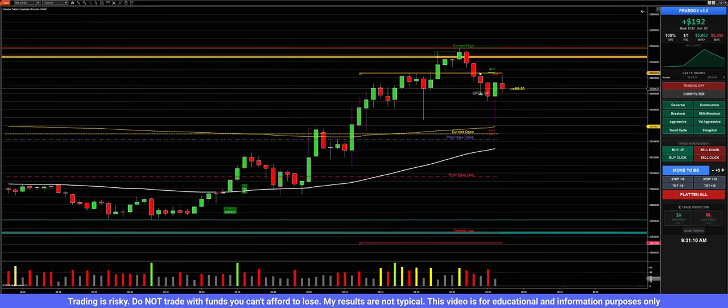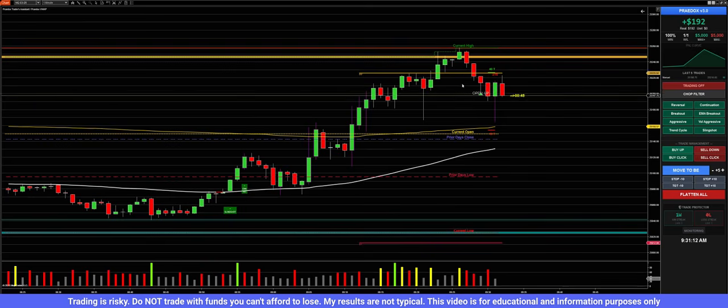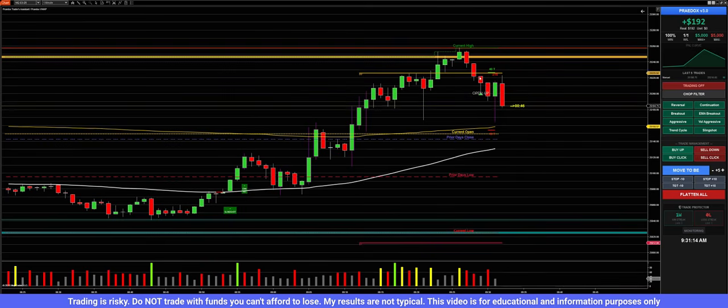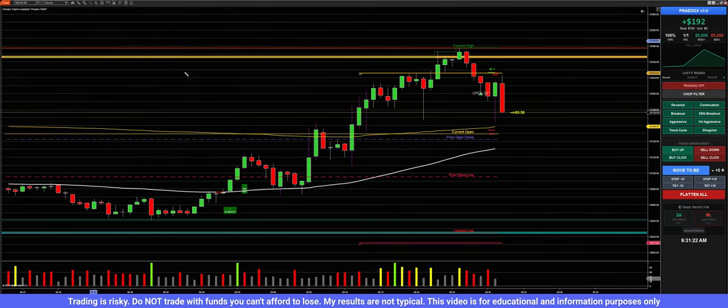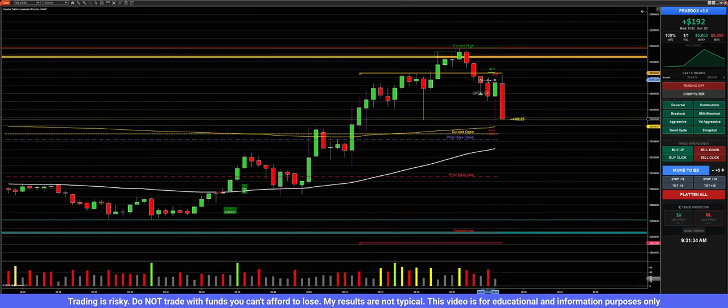You could have taken it above this pivot point here, or wait for a good pullback and take it. We could take it here and just wait, or what I did was follow it down to about right here.